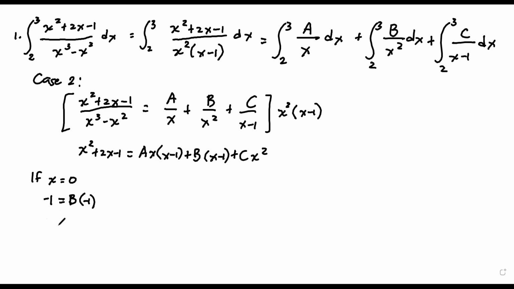So negative 1 equals negative B. Multiply both sides by negative 1, so B is equal to 1.